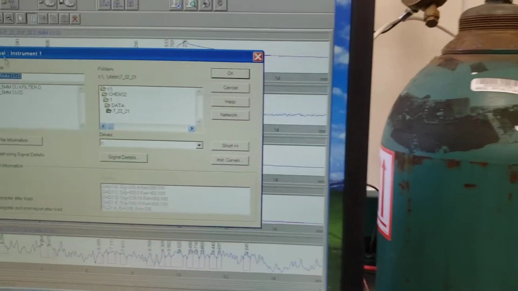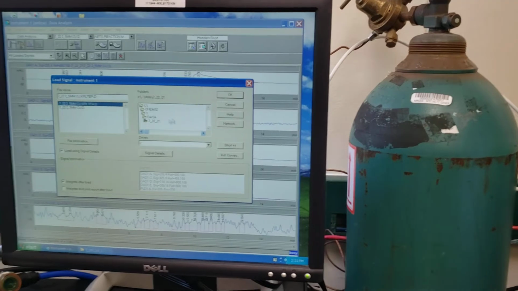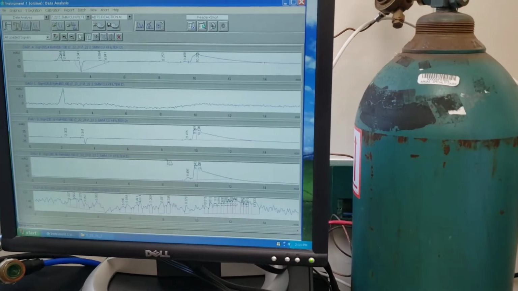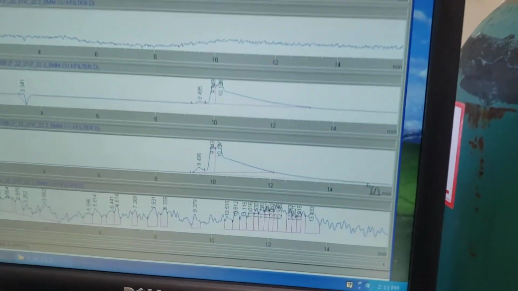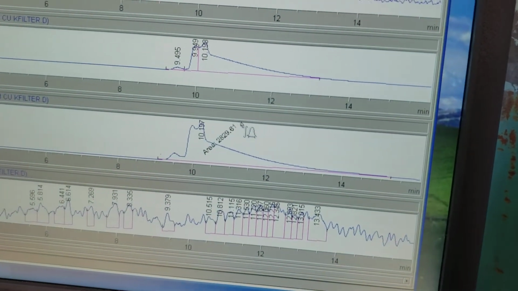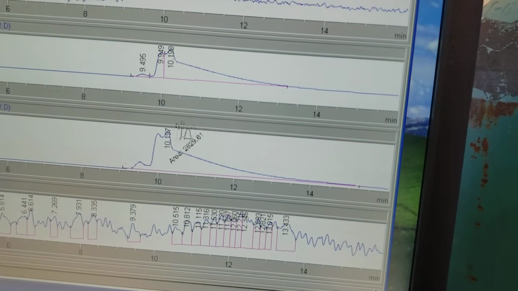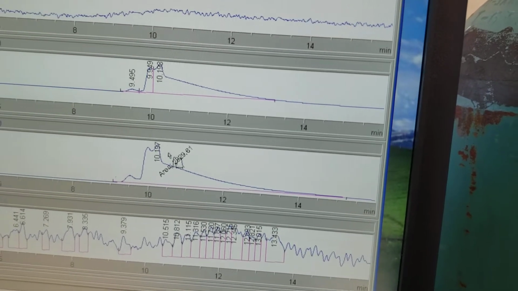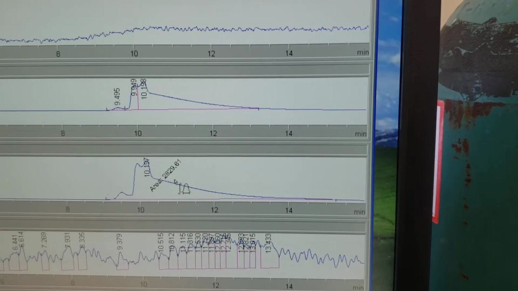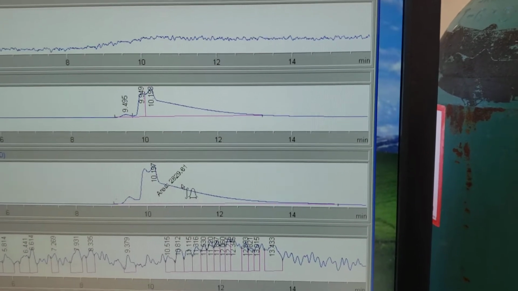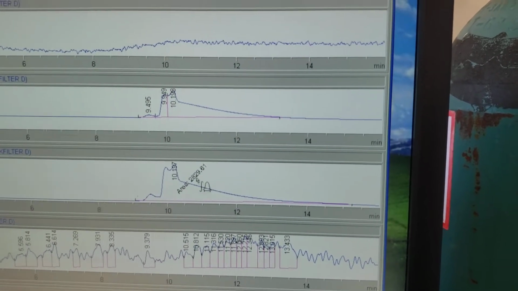And now if we look after the copper filter and take the area under the curve here, we get 2,829. So maybe a small amount of copper was absorbed due to the EDTA that was on that activated carbon in that filter.